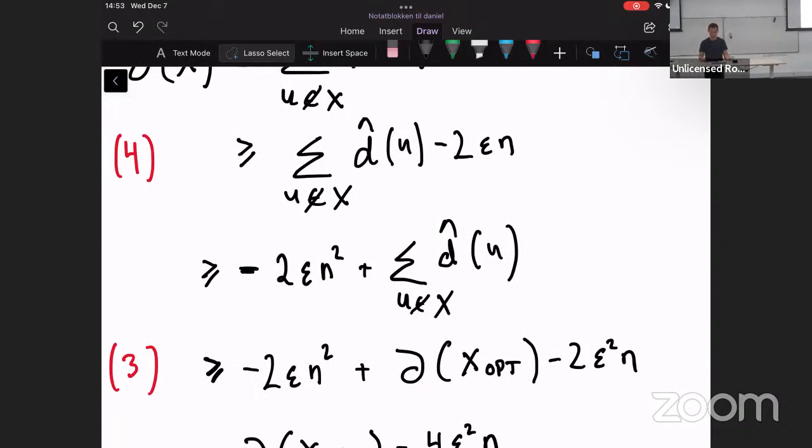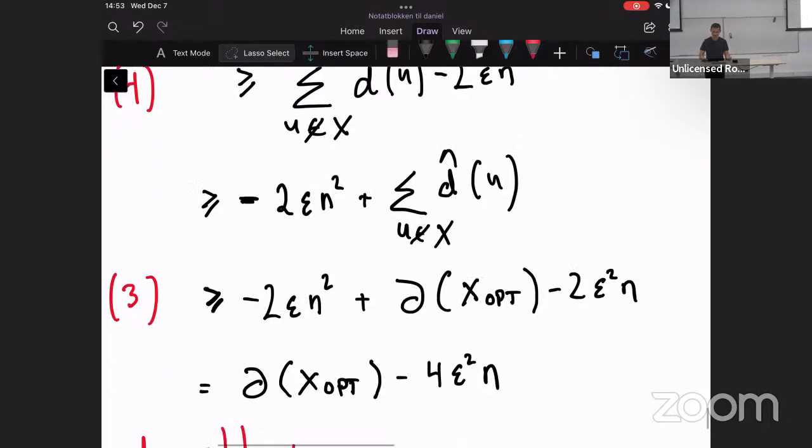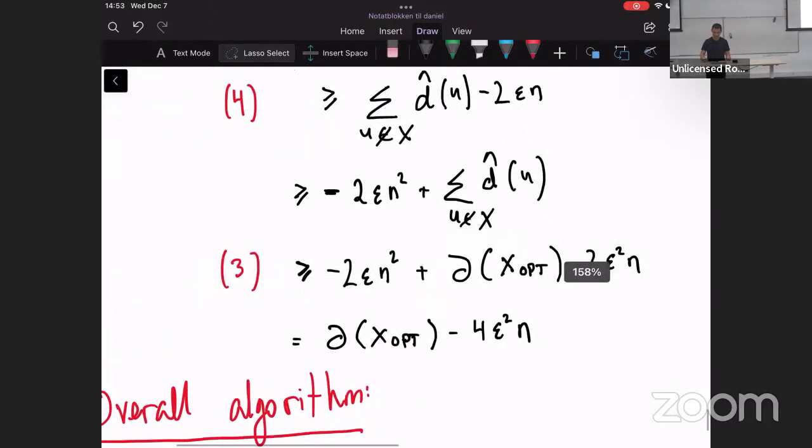But the sum over all u not in X of d hat of u is at least the cut of the optimum, that is at least the LP opt minus another epsilon n square term.